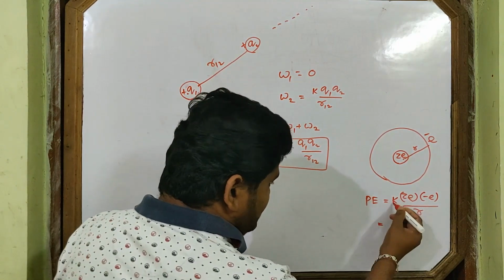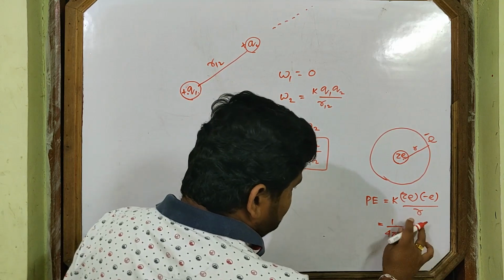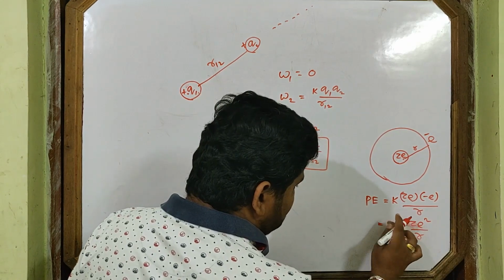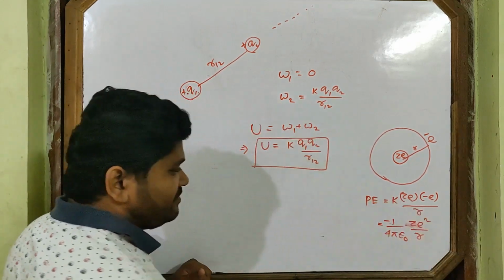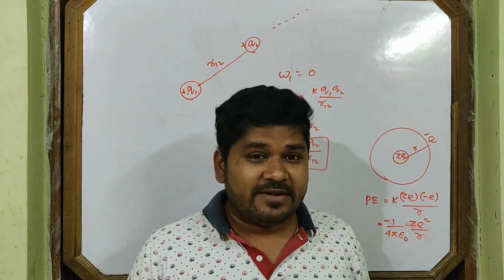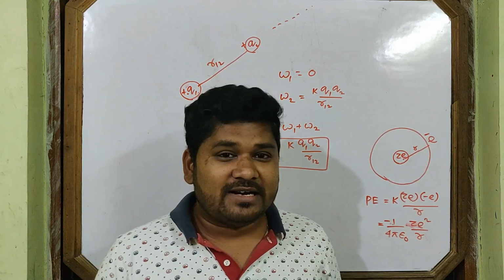Now in place of K, if you put 1 by 4 pi epsilon naught, this is Ze square by r with a minus sign. This is minus. And why is the potential energy coming as negative? What is the significance of this negative sign? The force is attractive.